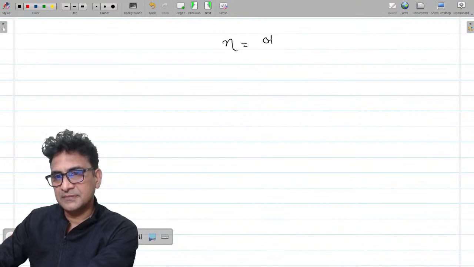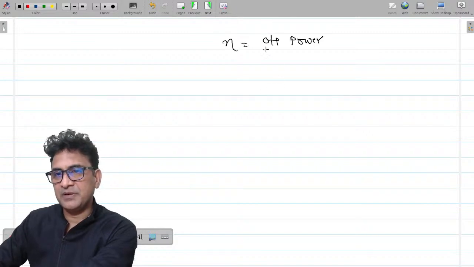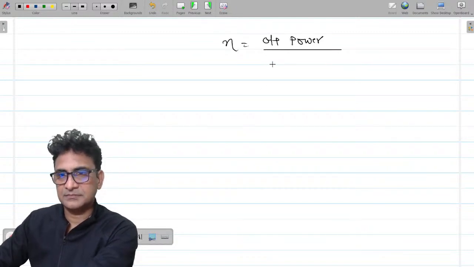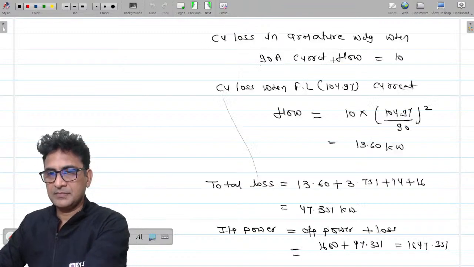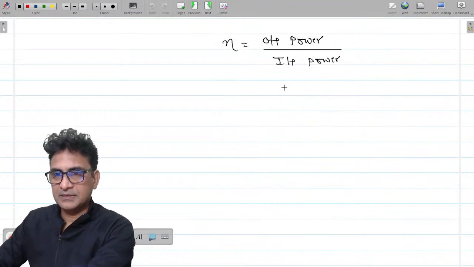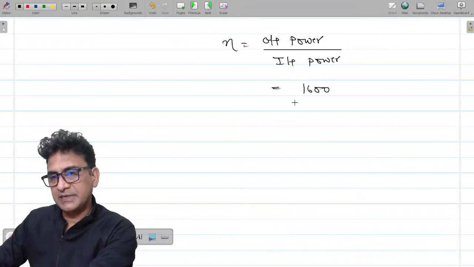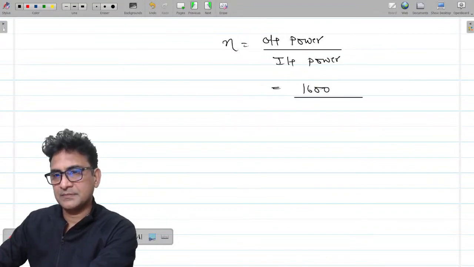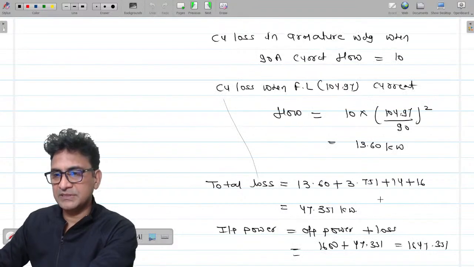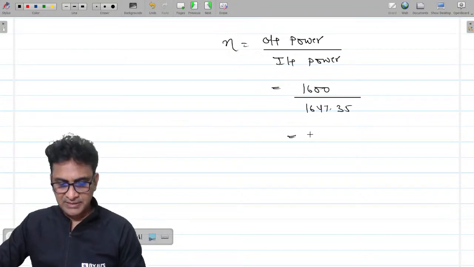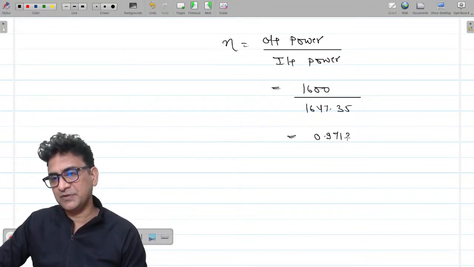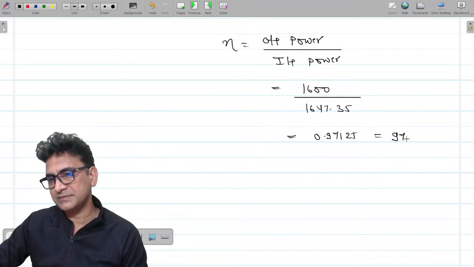Output power divided by input power. 1600 divided by 1647.35. You will get 0.97125 or 97.12%.